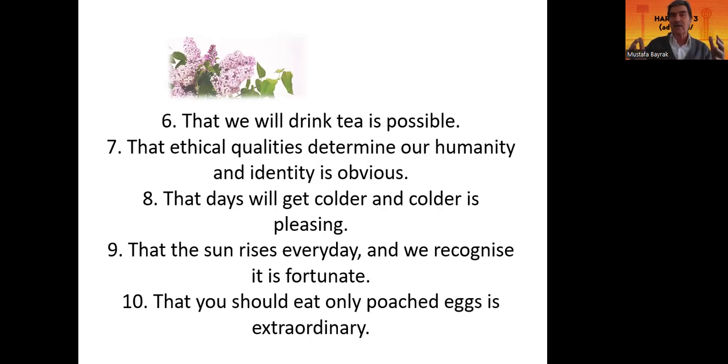So it is a complete independent main clause. But that changes the situation. That ethical qualities becomes a subject here: 1, 2, 3, 4, 5, 6, 7, and 8. In this subject, there are 8 words. That ethical qualities determine our humanity and identity is obvious.